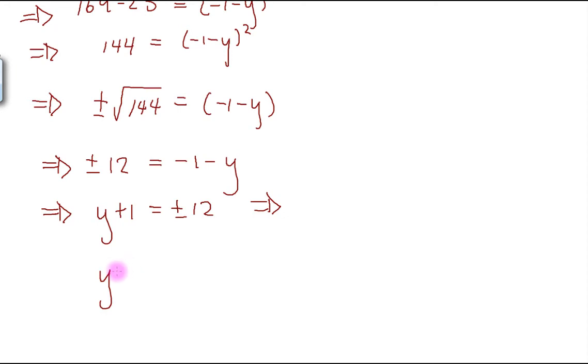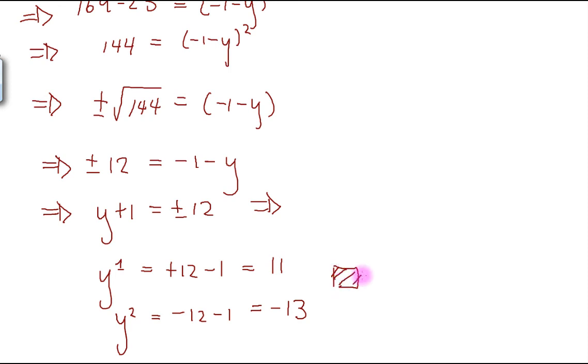Okay, so y1, let's put the subscript over here just to not confuse it with the other subscript, equals plus 12 minus 1, which is 11. Then y2 equals minus 12 minus 1, which is minus 13. And those are your two answers.